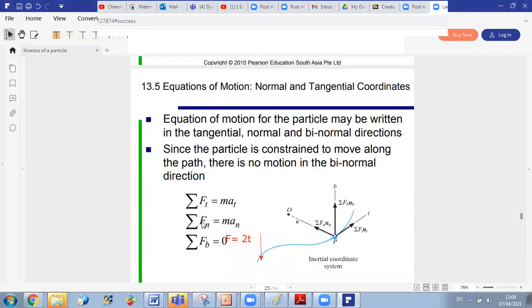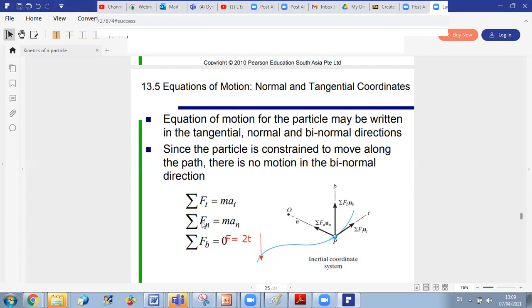So until now, we have considered application of the second law of Newton in rectangular components. As we have seen together in the previous chapter, depending on the problem, we might need to work in other types of coordinates. The most used one is normal tangential coordinates, which is used in general when I have curved motion.